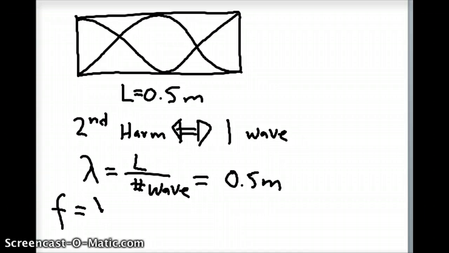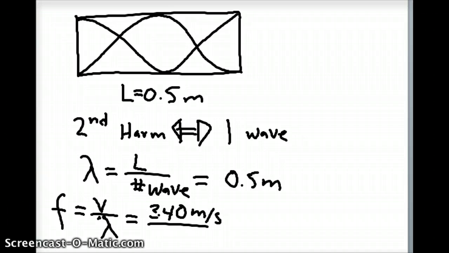Well, we're going to use the old equation that we've played with for the last few weeks. Frequency is speed divided by wavelength. We're talking about sound waves here, so we know that the speed of sound is 340 meters per second. The wavelength we just figured out was 0.5 meters.